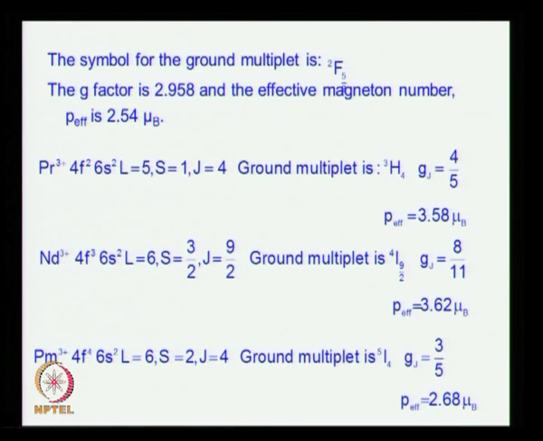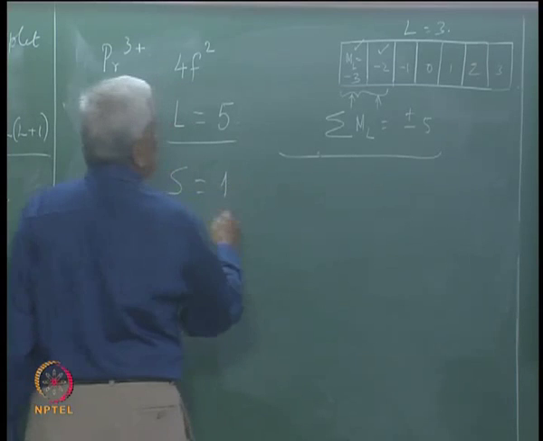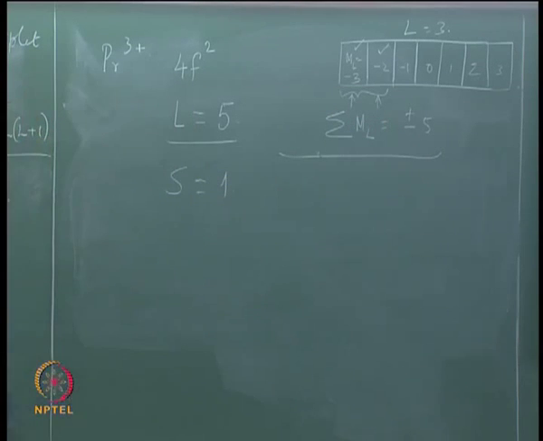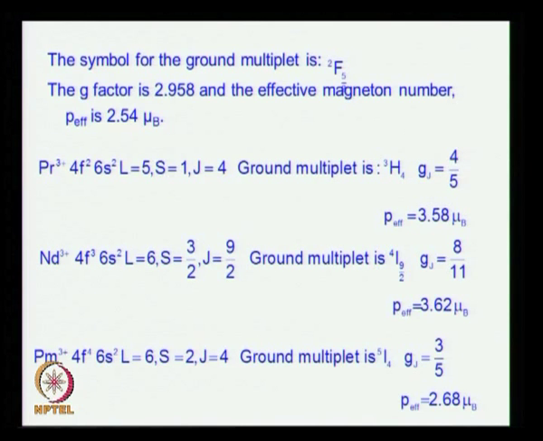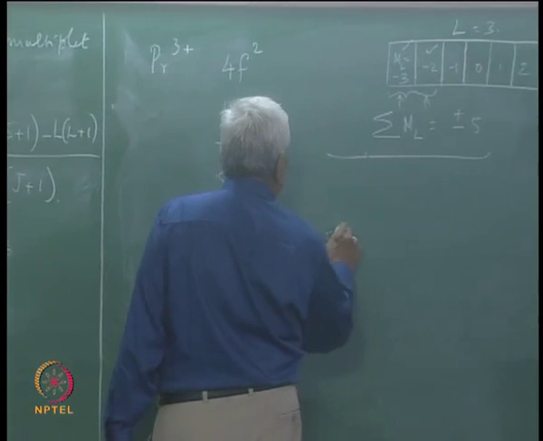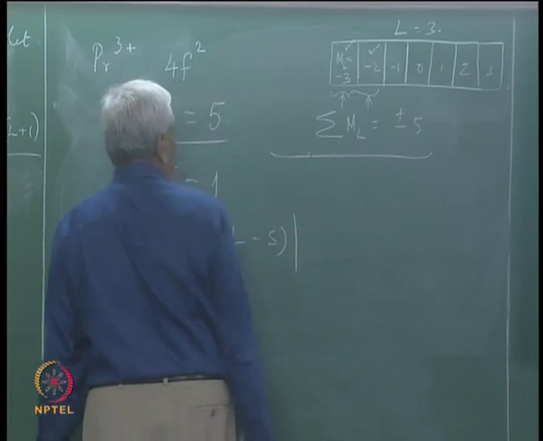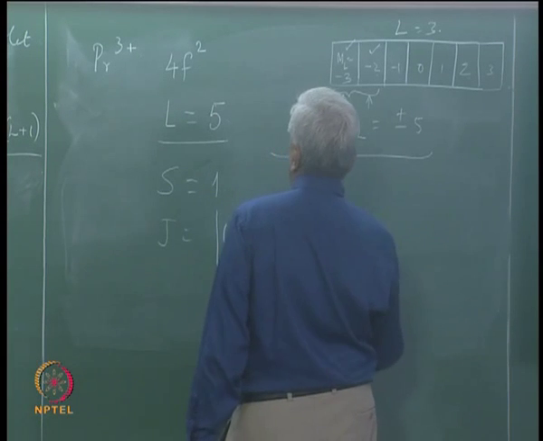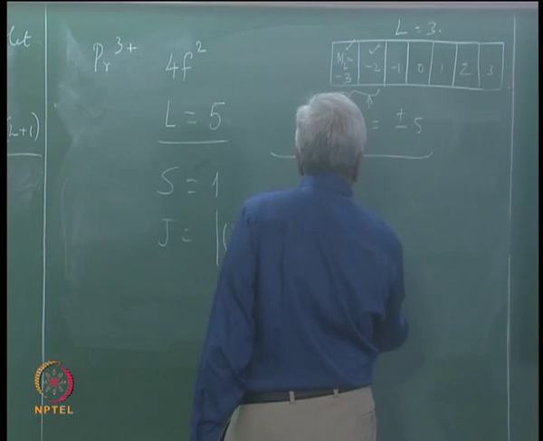So, that is the total orbital angular momentum of these 2 electrons, and since there are 2 electrons, the spins are parallel, and therefore, S is 1, and J, which is mod of L minus S, because it is still less than half filled. So, this will be 5 minus 1, 4.